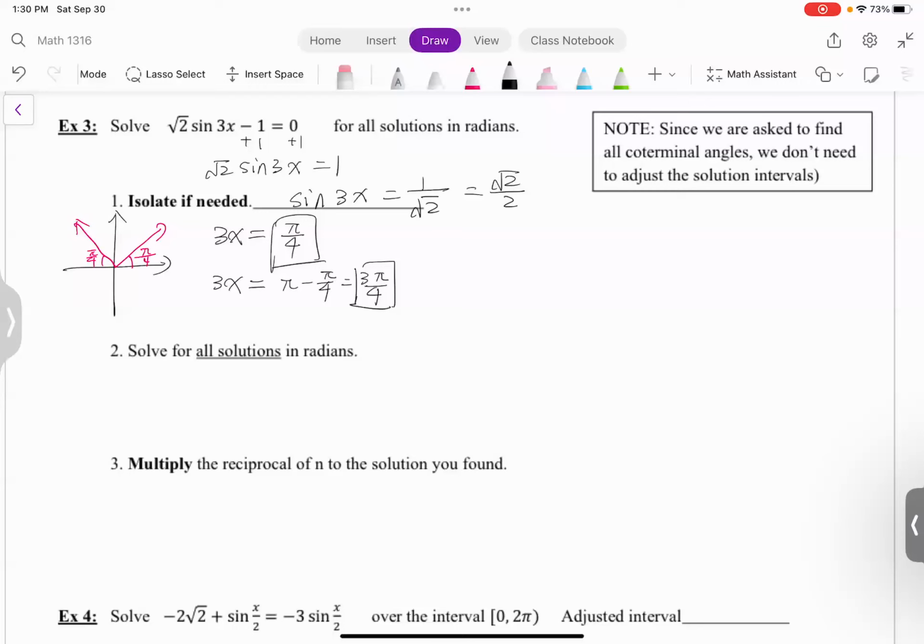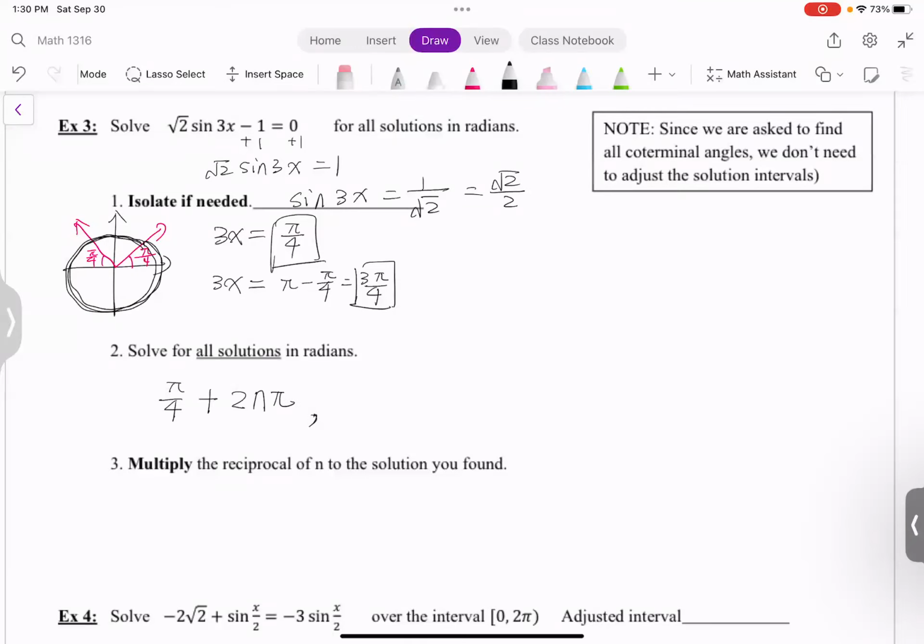So based on the first angle, if I do 1 revolution, I get a coterminal angle. 2 revolutions, coterminal. Or I go backwards some revolutions, I get coterminal angles too. So that means based on the first angle, pi over 4, I can add 2 pi n, where n is an integer.